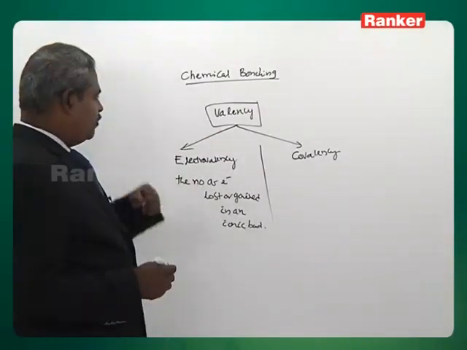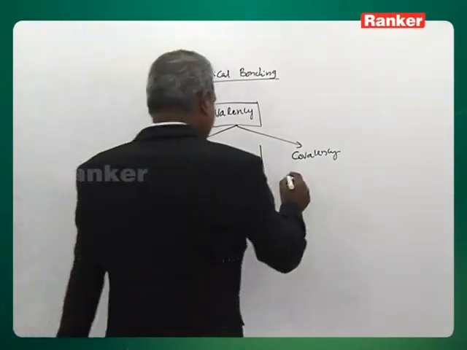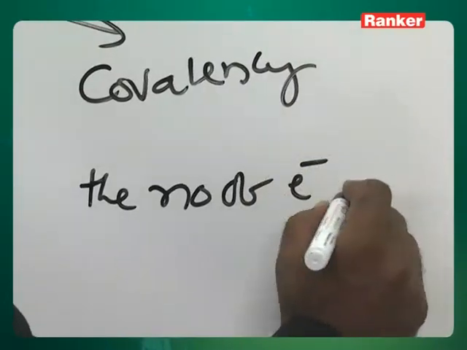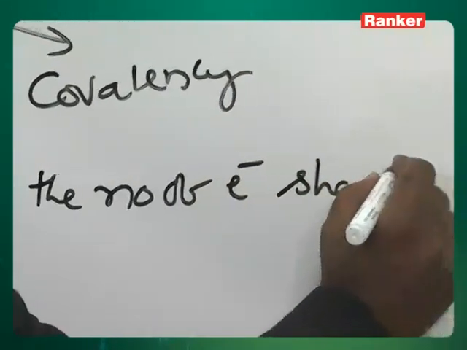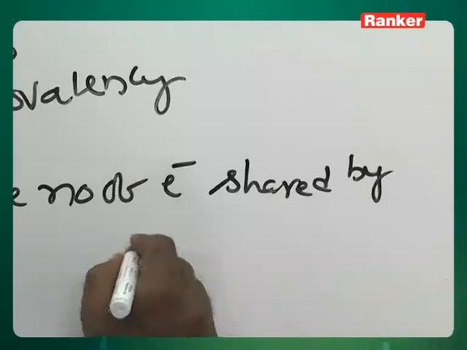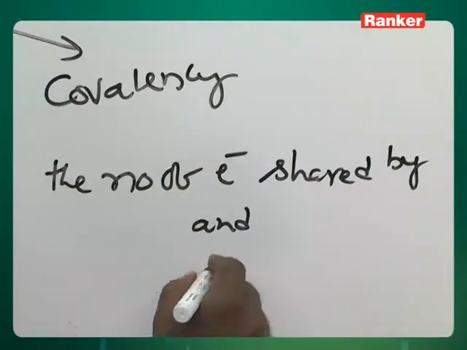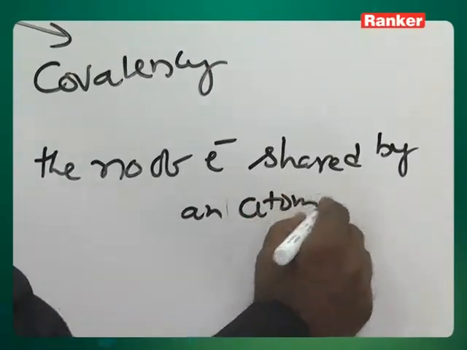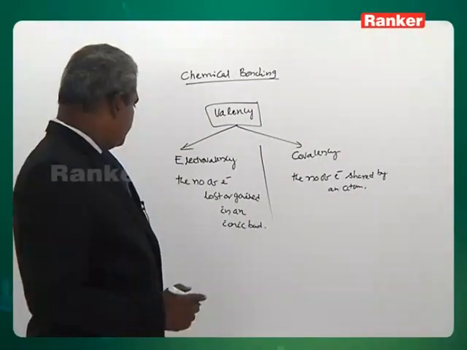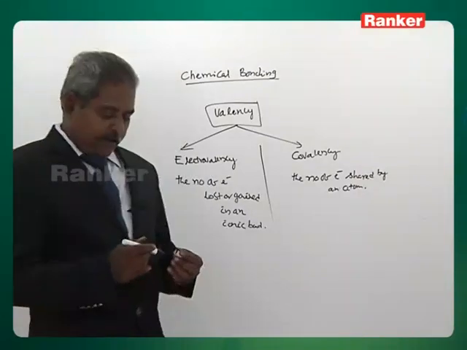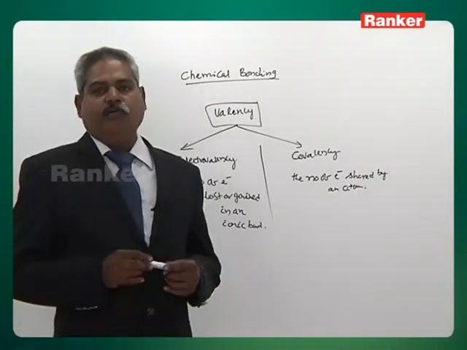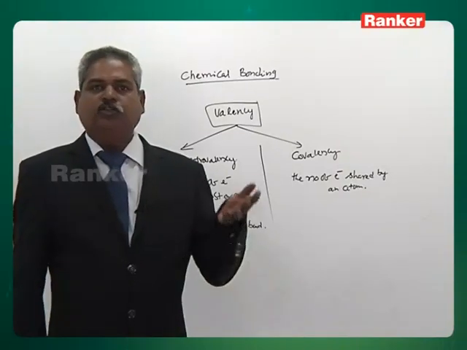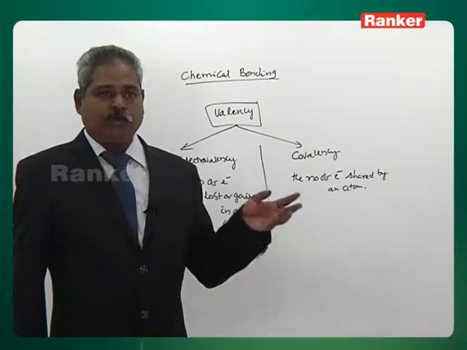Now, covalency is the number of electrons shared by an atom. This electrovalency will be obvious in compounds. MgO, magnesium is losing 2 electrons, oxygen is gaining 2 electrons, Mg2 plus O2 minus.